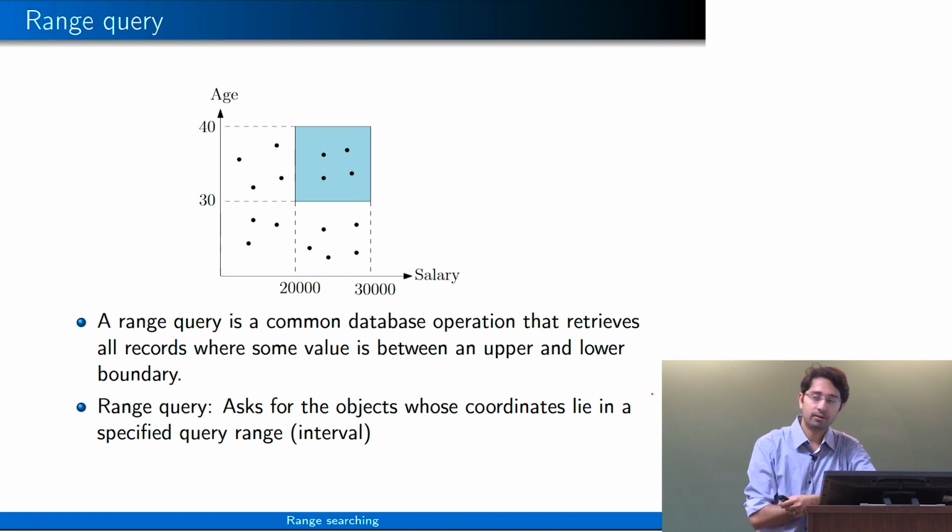We are given a set of points in a two dimensional space, which is exactly the employees of the organization, and when a query rectangle comes, we have to report all the points which lie inside the query rectangle. This is a typical geometric problem, and the rectangles we will consider are axis parallel. How to do this?